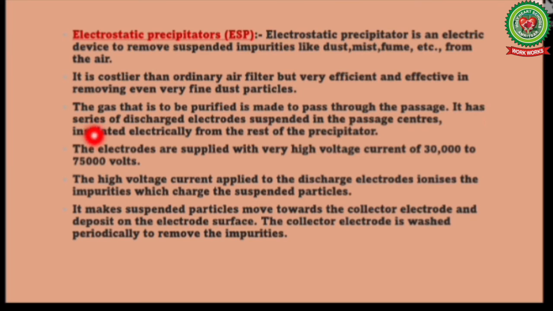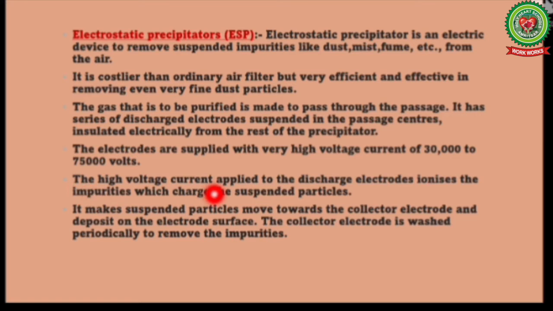It has series of discharged electrodes suspended in the passage centers, insulated electrically from the rest of the precipitator. The electrodes are supplied with very high voltage current of 30,000 to 75,000 volts.